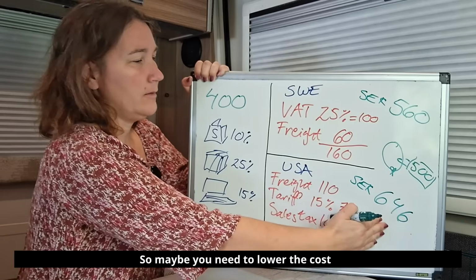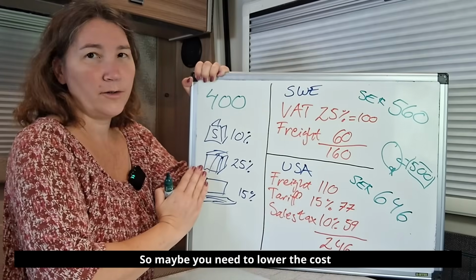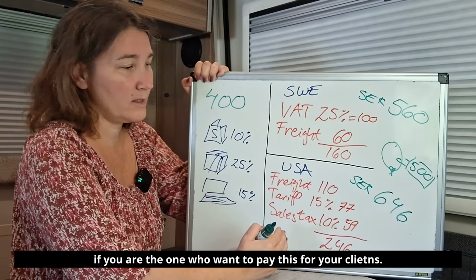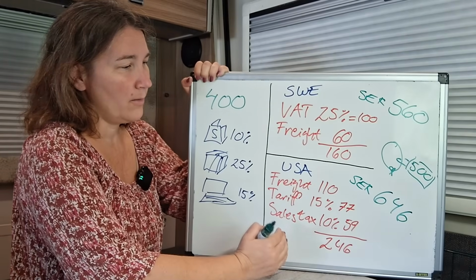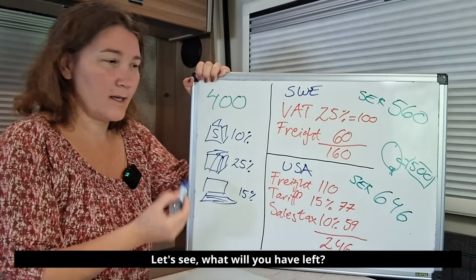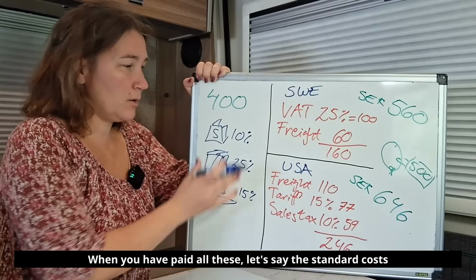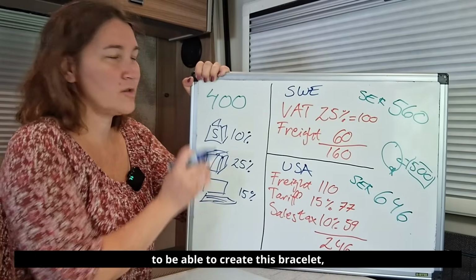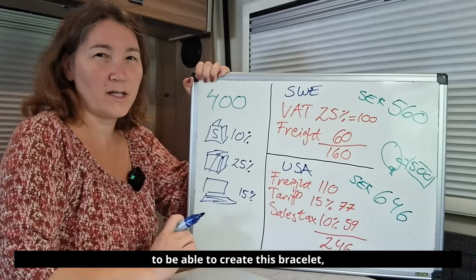So maybe you need to lower your costs because you are the one who wants to pay this for your clients. But do you want to do that? Let's see what you will have left when you have paid all these standard costs to be able to create this bracelet.